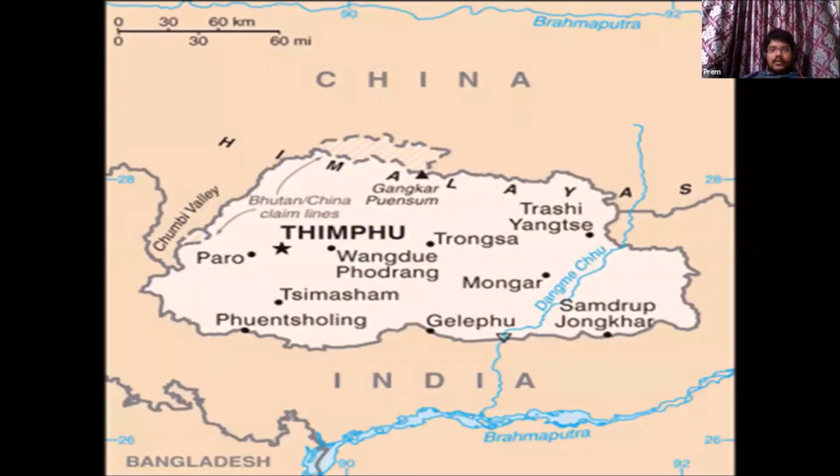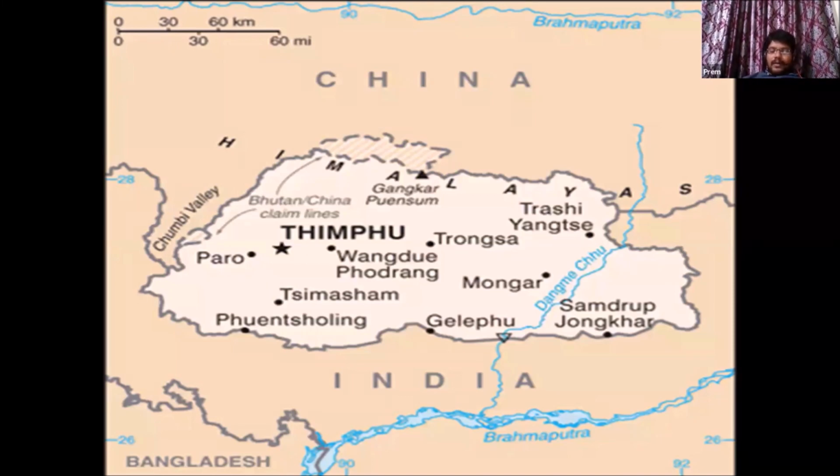And the next thing, water resources. There are many rivers that flow from Bhutan to India. One of them is the Dangmechu, a river that flows from Tibet to Bhutan and then to Assam. So having close cooperation on controlling the water and sharing water information is very important to prevent floods.